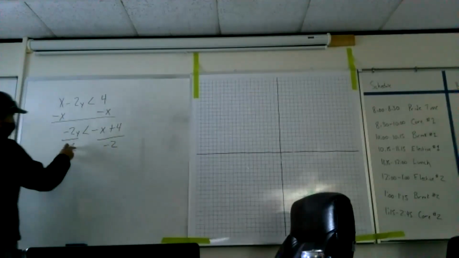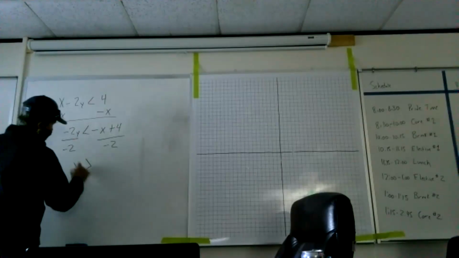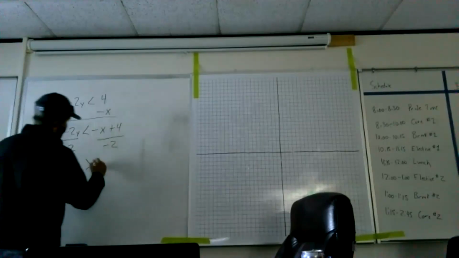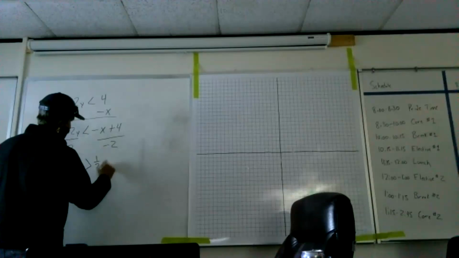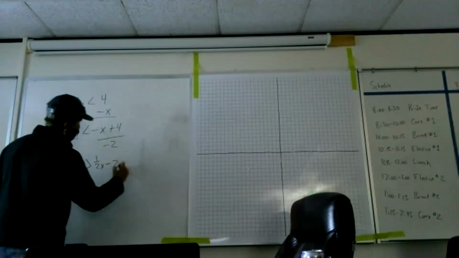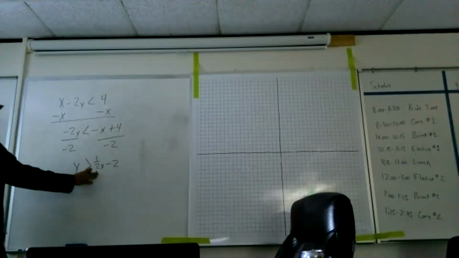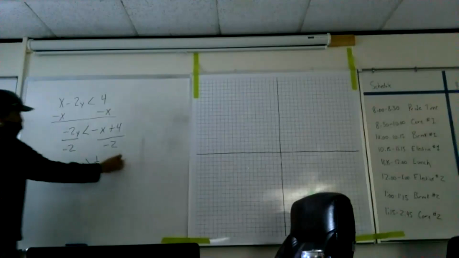So once I divide by negative 2, I have to switch my sign. So in all reality it's y greater than a positive 1/2 x minus 2. Negative 1 divided by a negative 2 is a positive 1/2. Positive 4 divided by a negative 2 is a negative 2.